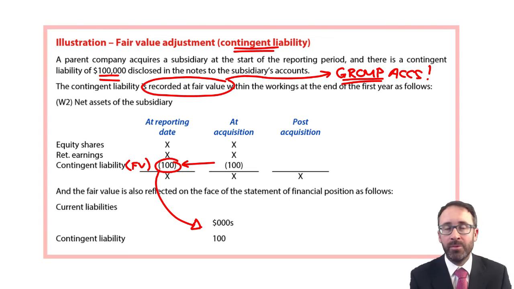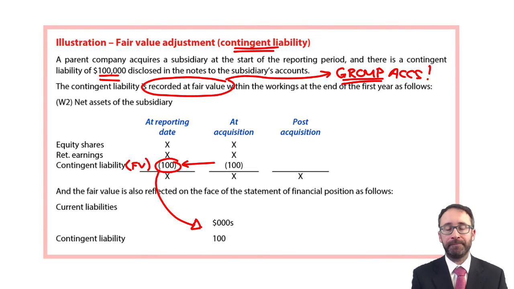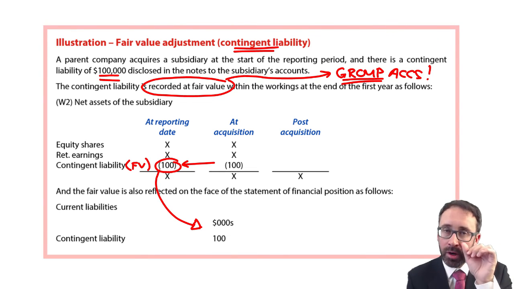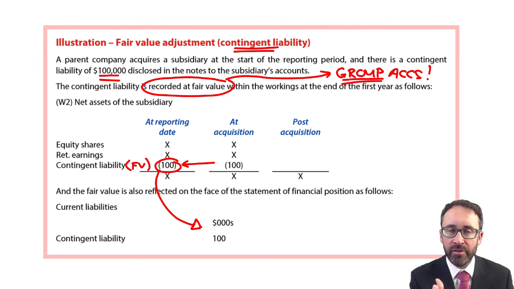It could very well be that we think the fair value is maybe a little bit less. Okay, could be a little bit more, we just don't know. You don't need to worry about that. You'll be given the fair value of that contingent liability within the question. You go with the fair value, and if it changes, you adjust it accordingly at the reporting date.